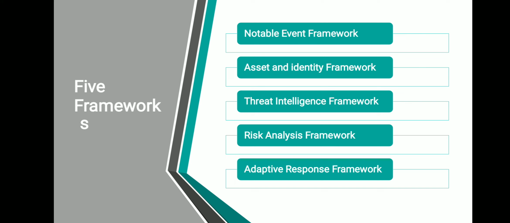So in my next presentation, I'm going to cover the asset and identity framework, since identity is one of the key components we have been focusing on right from the beginning, when we discussed the zero trust architecture as well, and we will look at planning your integration. This is very important: how do you plan your integration?